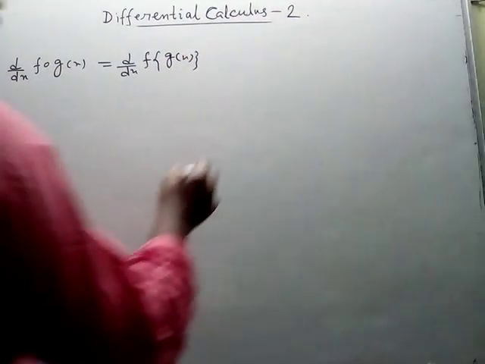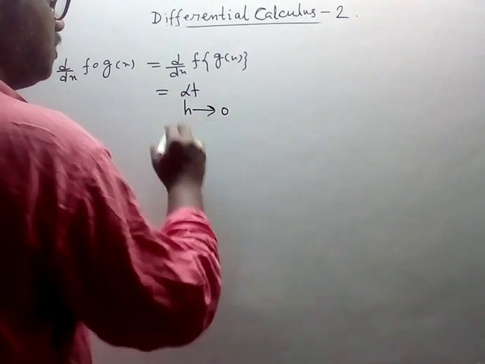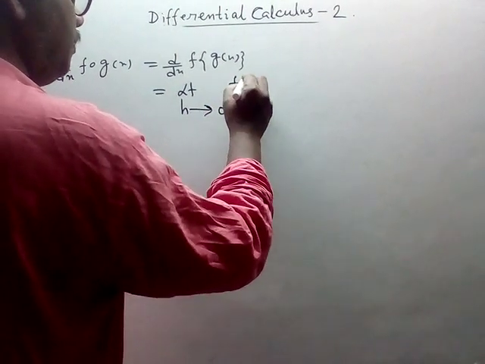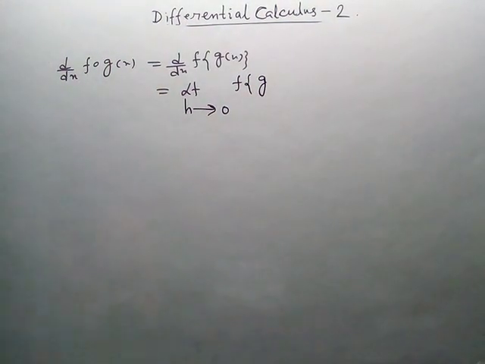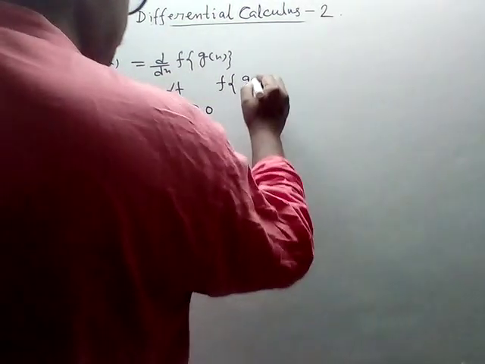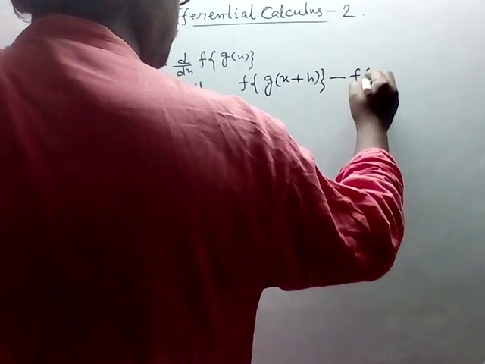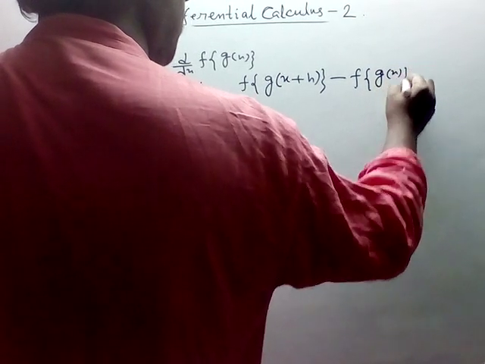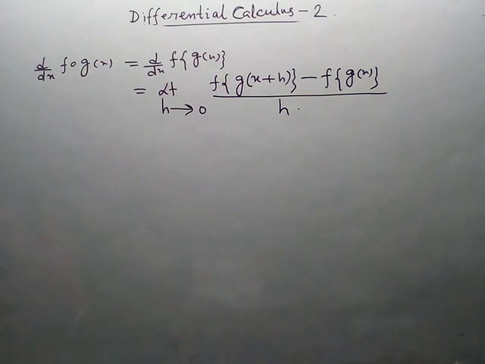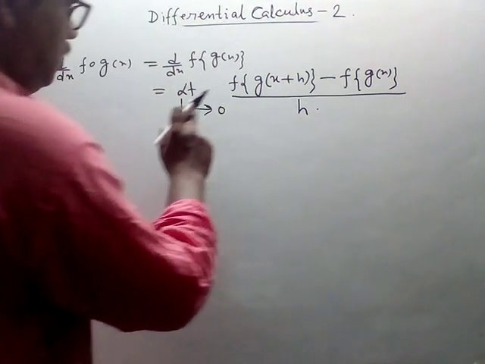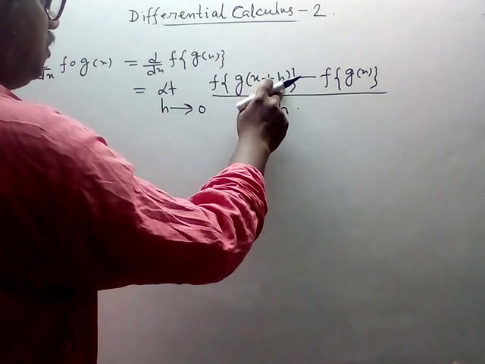This means limit h tends to 0 of f of g(x plus h) minus f of g(x), divided by h. From the definition of derivative, limit h tends to 0 f of g(x plus h) minus f of g(x).